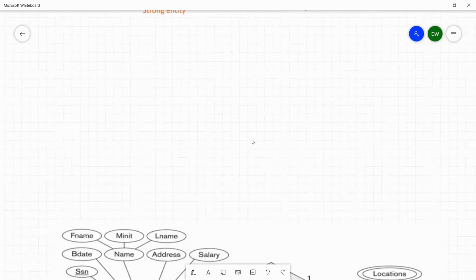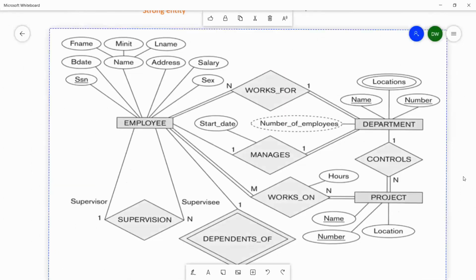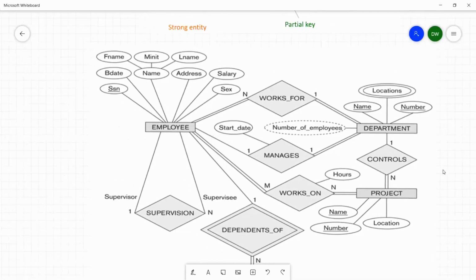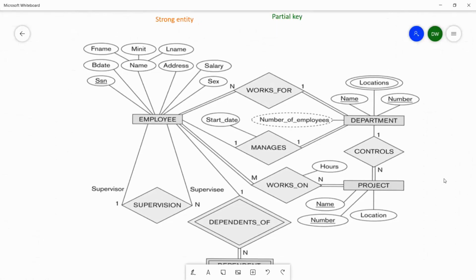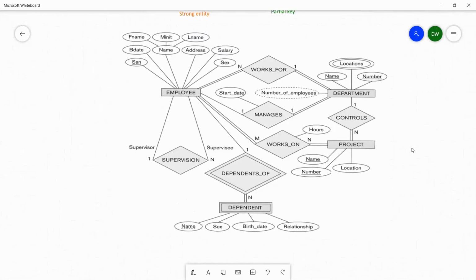Now, here I have an example which is also given in your LMS, right? Here we have a sample ER diagram. So there are certain things to be discussed within this diagram, right? So here you see entities. Can you type what are the entities you see here?